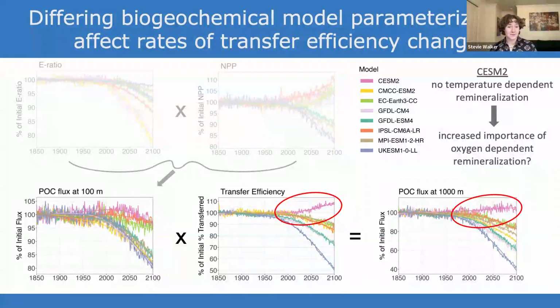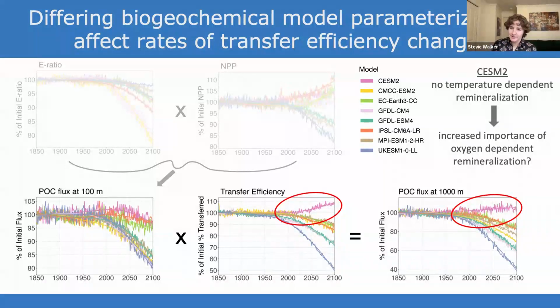CMIP6 models have very different biogeochemical parameterizations. And so one hypothesis that we came up with for CESM is that it could be related to temperature dependent remineralization, because CESM is one of the only models that doesn't have a parameterization for this. So if there is a temperature dependent remineralization parameterization, this would mean that as the ocean warms, remineralization is starting to happen faster.